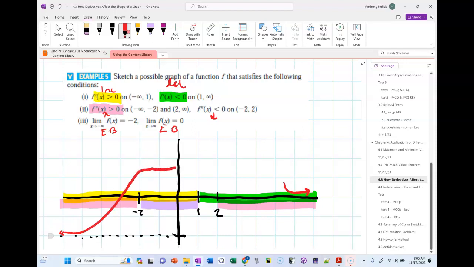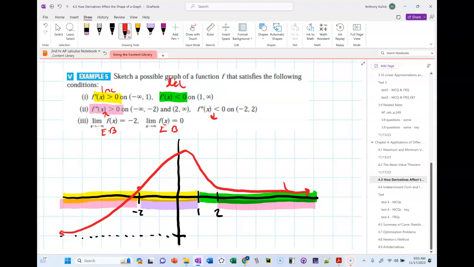We change to concave down. We still need to be increasing. All right, let's just try to draw that. There we go. That looks good. And then we switch to decreasing, and back to concave up, doing something like that.